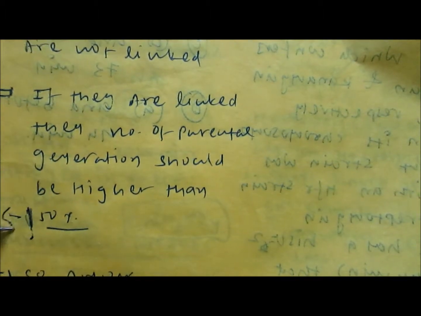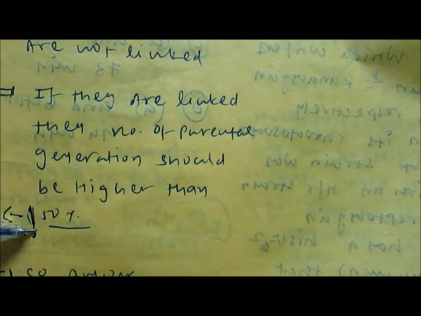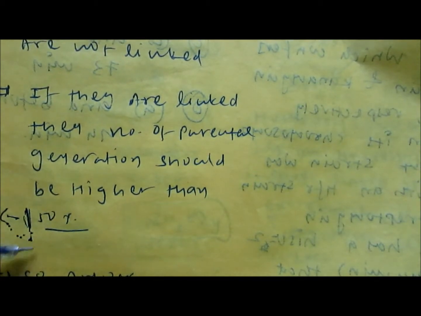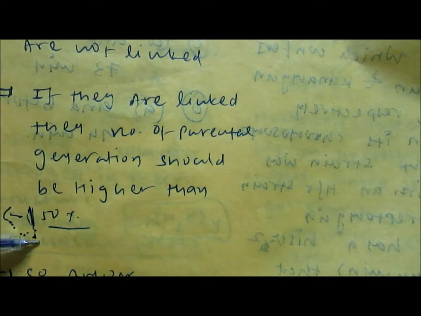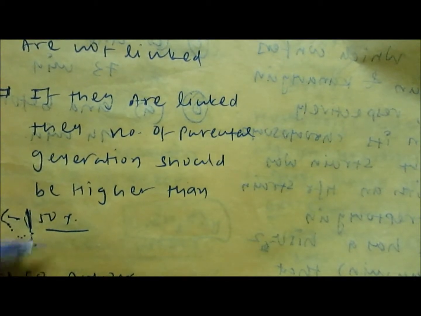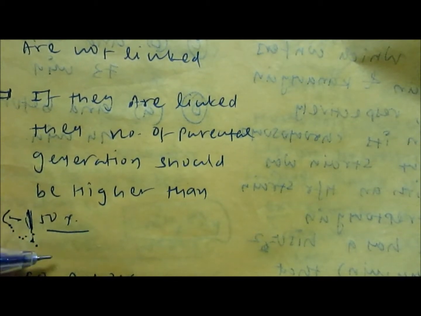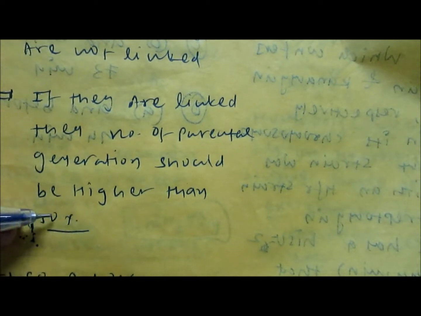But in case of linkage, the parental phenotype should be more than 50%. So if the number of parents is greater than 50, then it follows the linkage rule, meaning the genes are linked with each other and are not following the Mendelian rules of genetics.